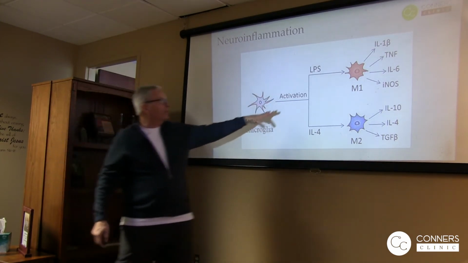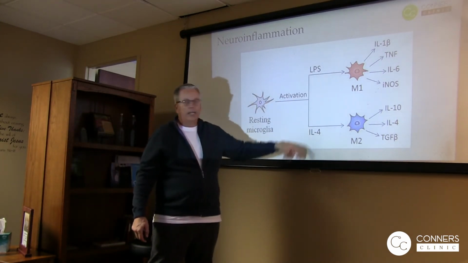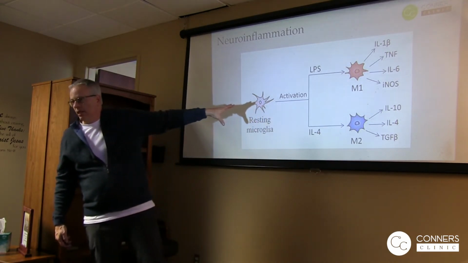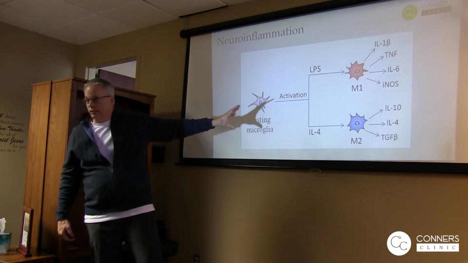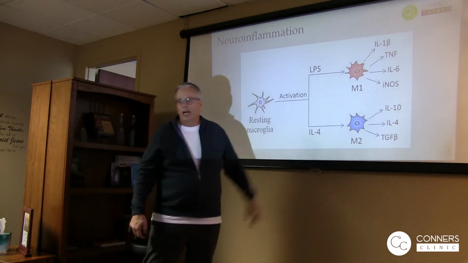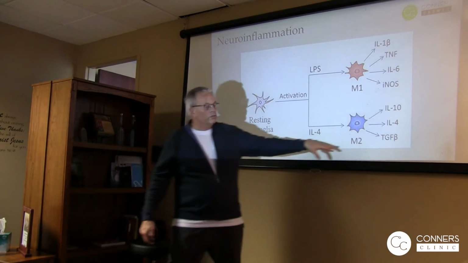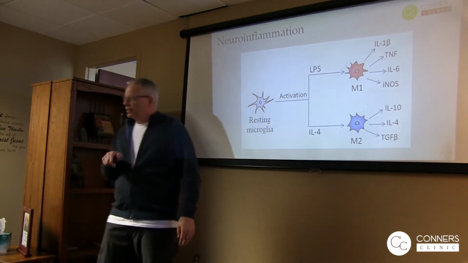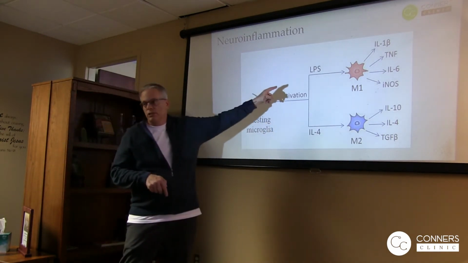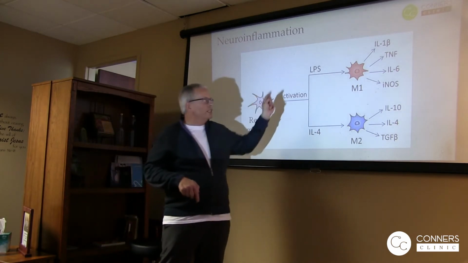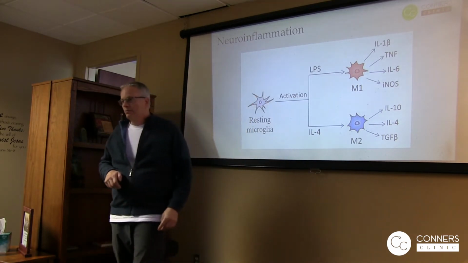And here's an example of if they're activated with IL-4, so this is done in an experimental situation in a laboratory. If you stimulate them with IL-4, which is a Th2 cytokine, you will activate them into what's called the M2 state. And we're going to hit this really hard. If you activate them with lipopolysaccharides, you'll activate them into the M1 state.